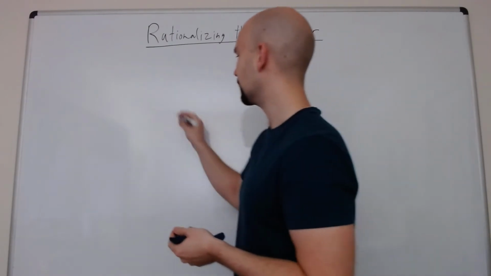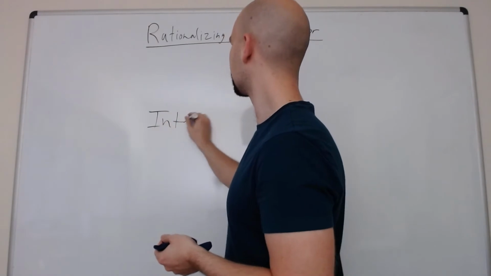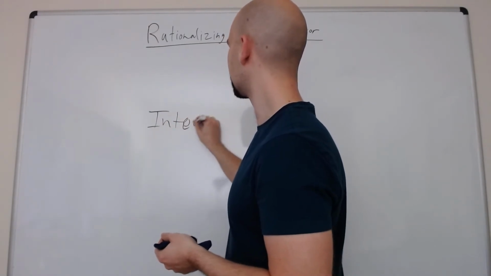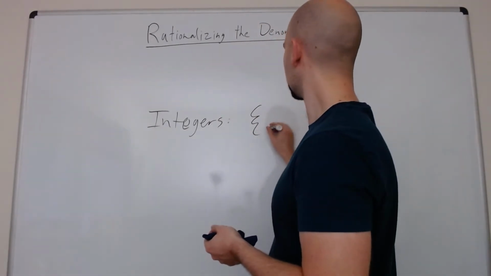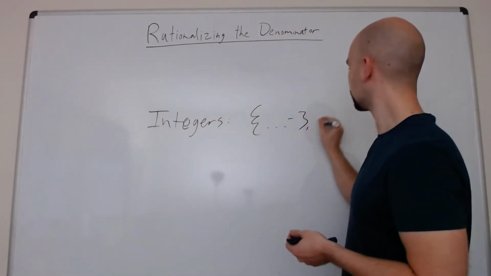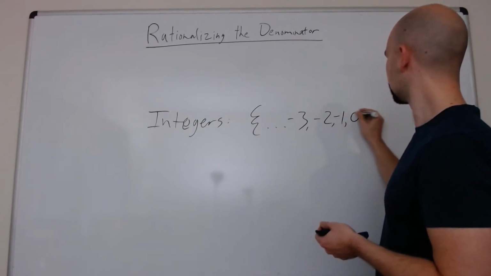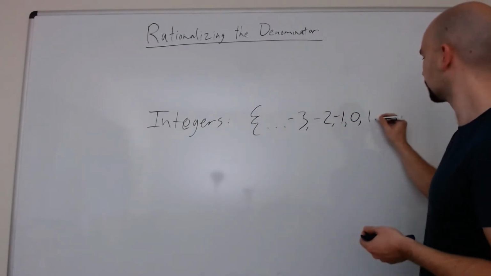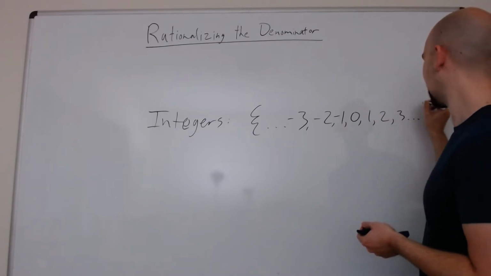So for example, the set of integers includes 0, and then all the counting numbers and their opposites.